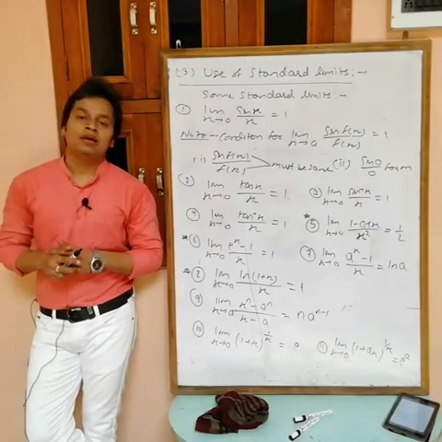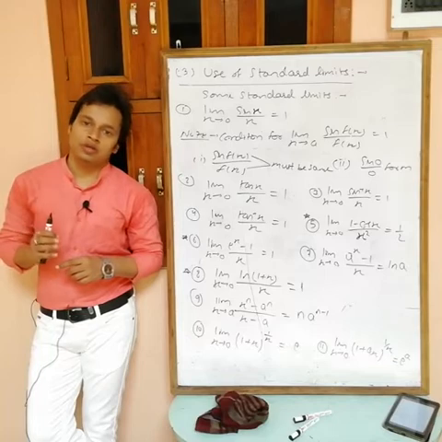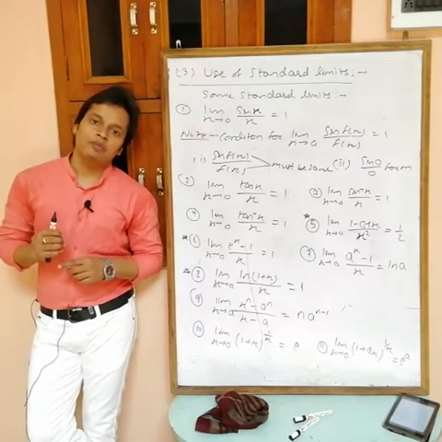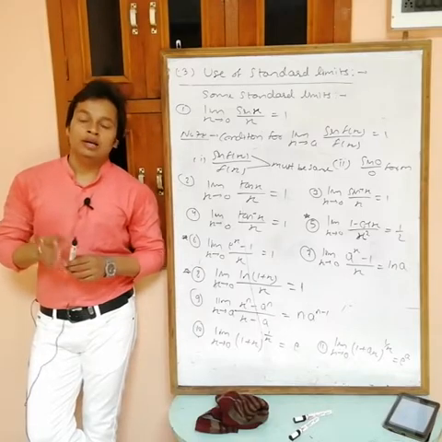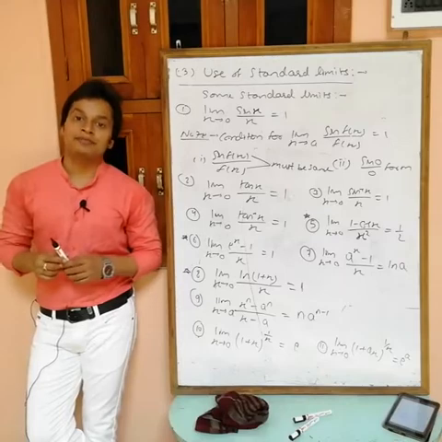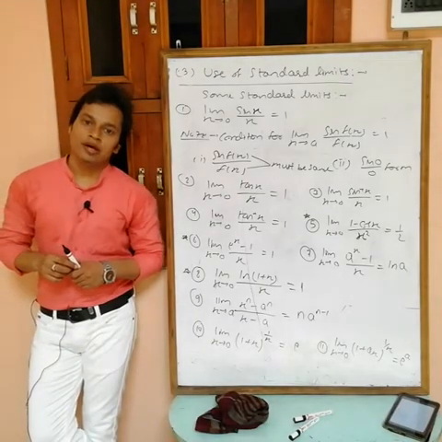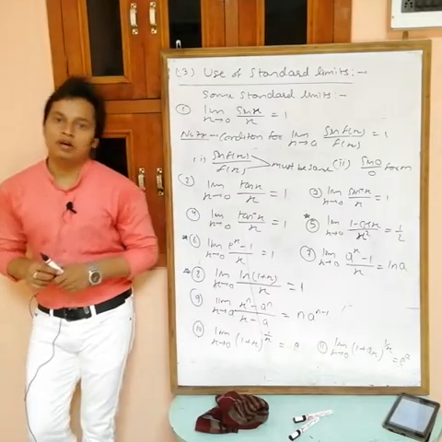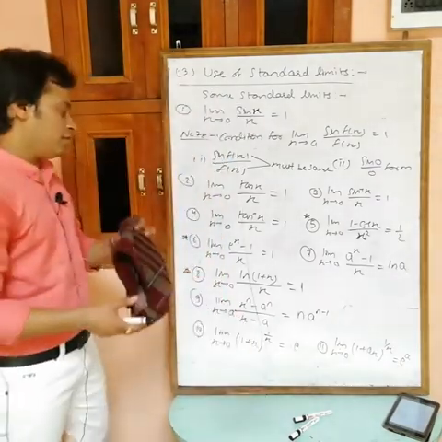Remember, limit x tending to 0, e power x minus 1 by x equals 1. Limit x tending to 0, a power x minus 1 by x equals log a. Limit x tending to 0, log of 1 plus x by x equals 1. Limit x tending to a, x power n minus a power n by x minus a equals n a power n minus 1.